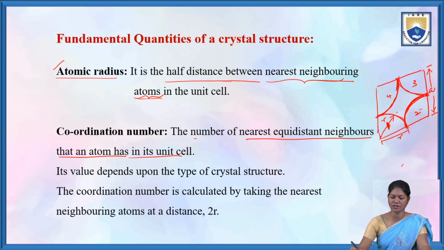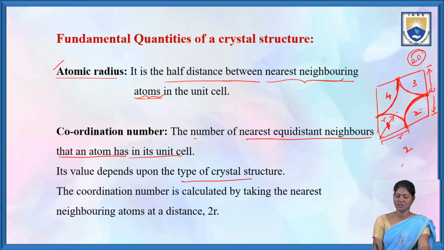If we take the 2D plane, the nearest equidistant neighbors to this first atom are the second atom and the fourth atom. So the coordination number is 2 in this case, and its value depends upon the type of the crystal.